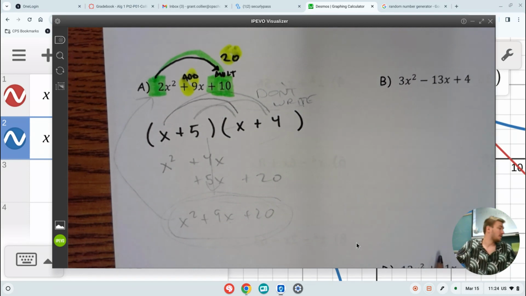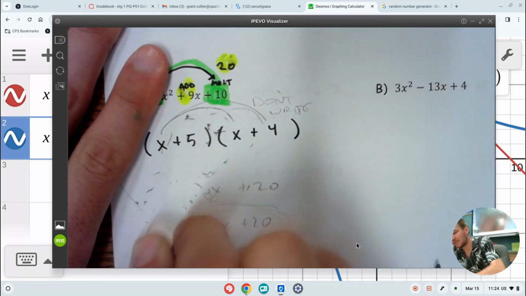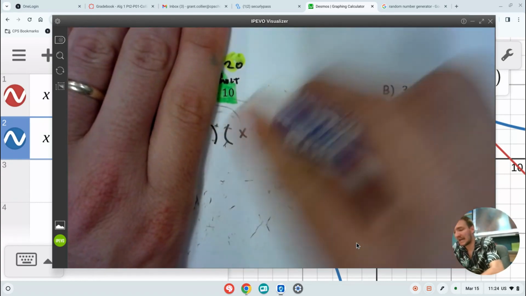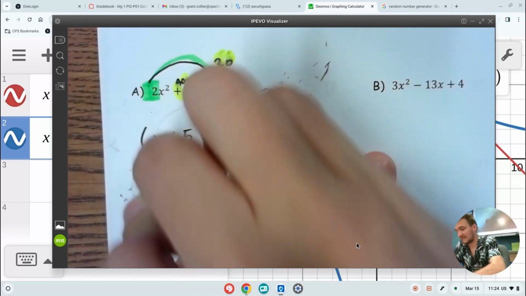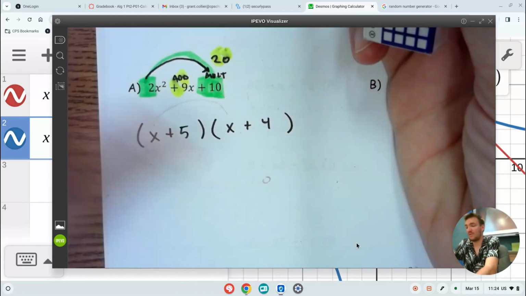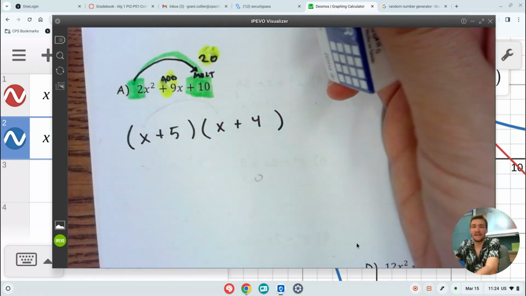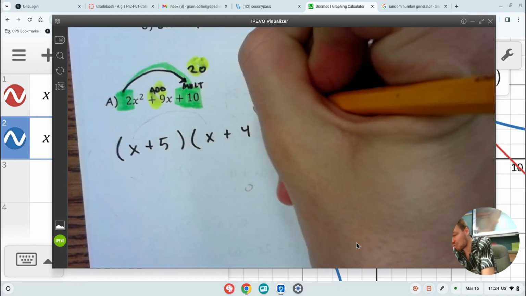Okay, so far, and again, you don't really have to do this foiling stuff. I'm just showing you. So far, the answer that we just got is not correct yet. Okay, so this answer right here, the x plus 5, x plus 4, this answer right now is wrong.